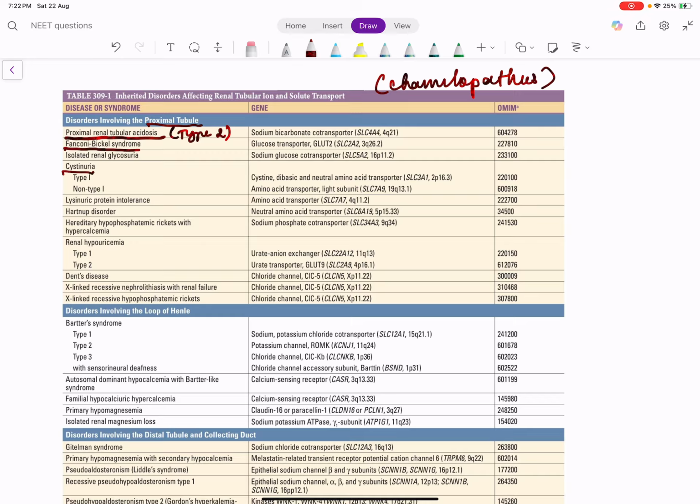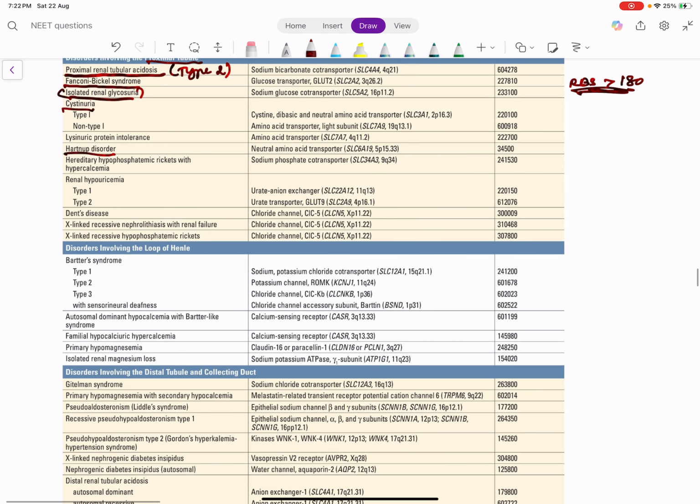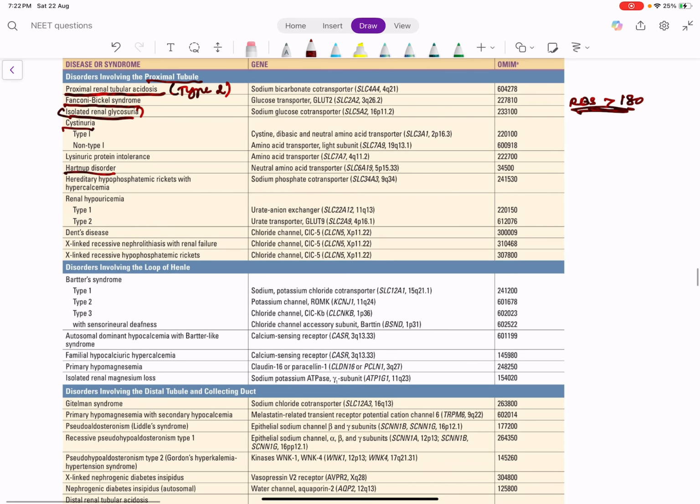Remember cystinuria. Cystine is a protein which is not getting reabsorbed here. Renal glycosuria. When blood sugar is more than 180, there will be glycosuria. But even without elevated RBS, there can be glycosuria. That's called isolated renal glycosuria. Then Hartnup disease, Dent disease. So remember a few of these diseases.